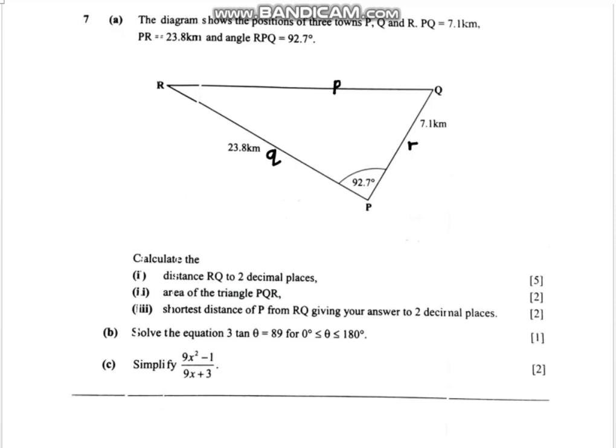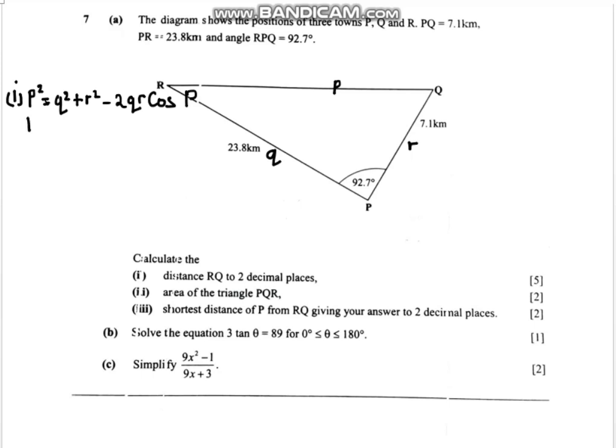So then the formula is going to be written as follows. Roman numeral 1, p squared is equal to q squared plus r squared minus 2qr cos capital P. So capital P is the angle and these small letters are the sides.